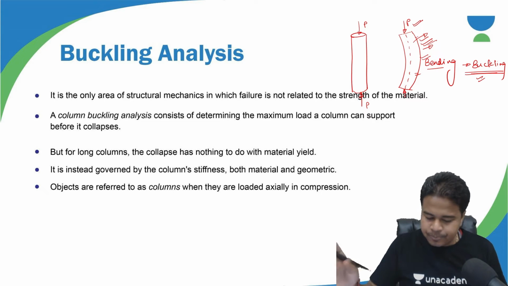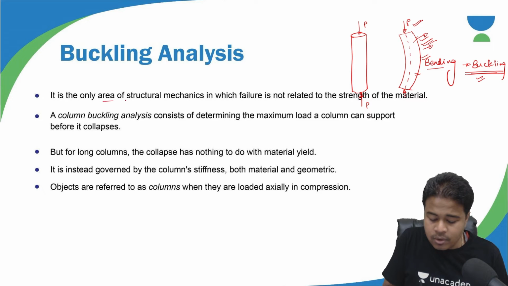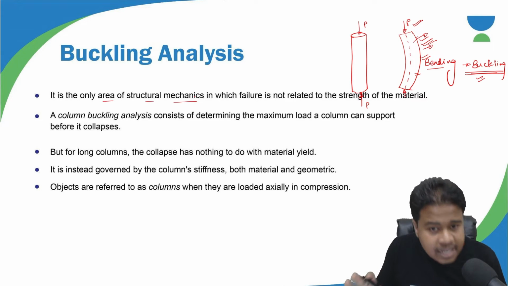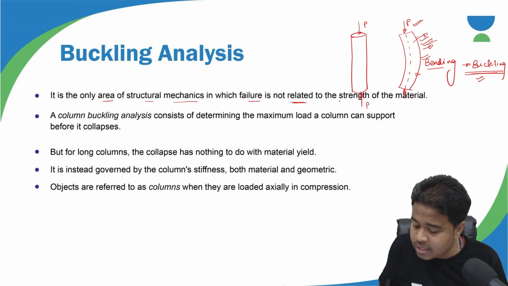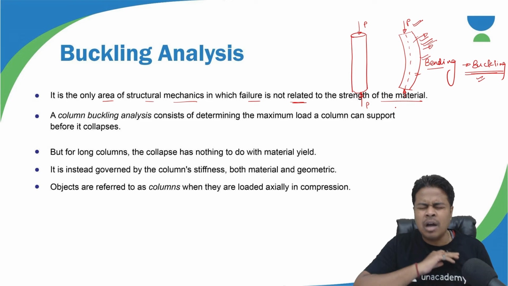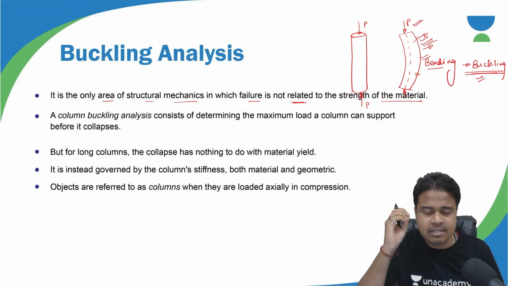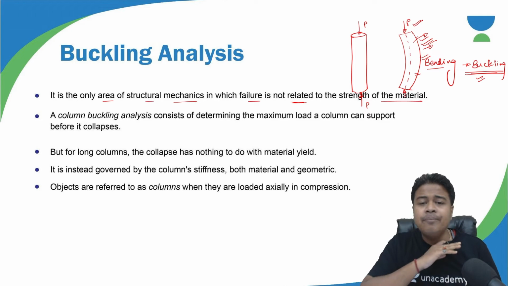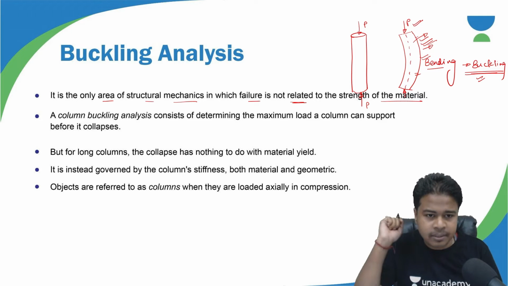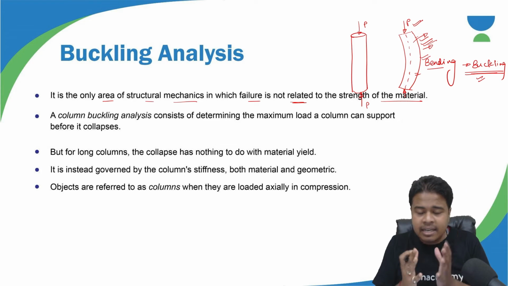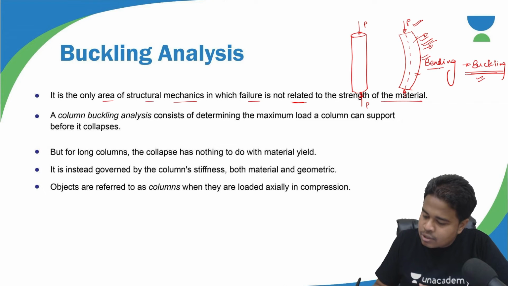Okay, yes. See what they have written. It is the only area of structural mechanics in which failure is not related to the strength of the material. We are not bothered about the strength of the material. Strength of the material means yield strength, ultimate strength. We are not bothered about it. We only take care that it should not bend.